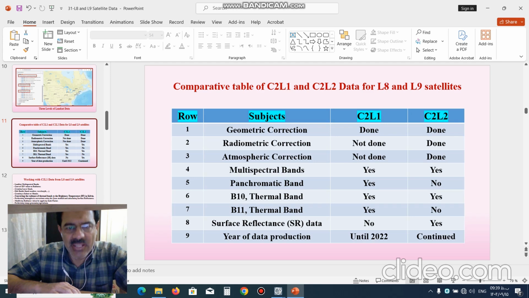B number 10, or thermal band, yes and yes. But B number 11, or thermal band, in Level 1 yes, and in Level 2 no. And surface reflectance data, or SR, in Level 1 no, and in Level 2 yes. And the last line, year of data production: Collection 2 Level 1 until 2022, and Collection 2 Level 2 it's continued.